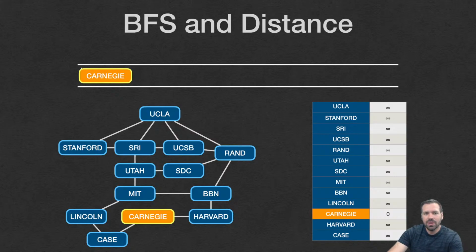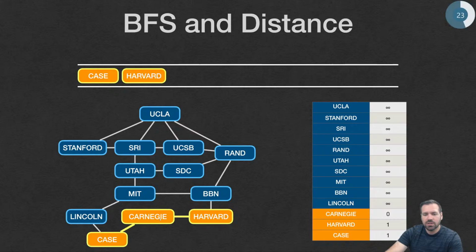But whatever you do, while this queue is not empty, you're going to run your BFS loop. That BFS loop is dequeue. So we're going to dequeue Carnegie, and we're going to explore any neighbor that has not been explored. We go to the adjacency list and say, give me all the neighbors of Carnegie. Then for each neighbor, we have another loop: has this node been explored already?